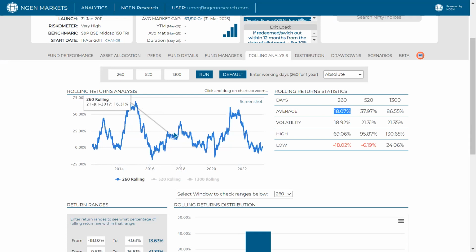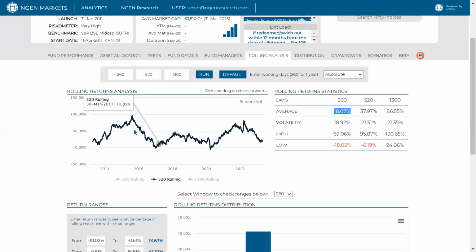This particular point just indicates the sum of the previous 260 days' daily returns. Similarly, let's talk about 520 here, right? For 520, let's say we consider this data set, 60.23, which is a percentage, is an absolute return set for 2 years. It's the sum of the previous 520 daily returns, right? So that's how it works out.